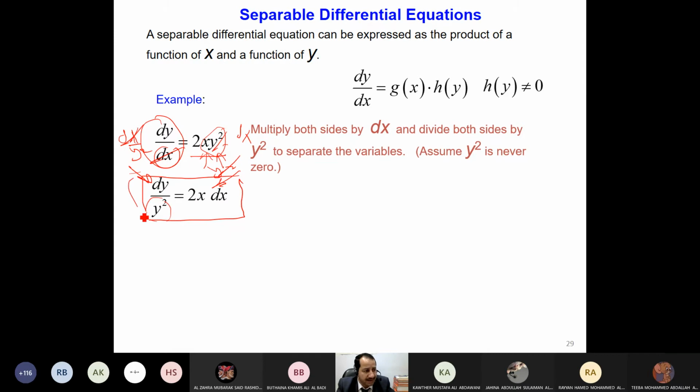Now I can integrate here and here. Definitely I need to take this y squared over there, it will be y to the power minus 2. Now put integration here and here. Integration of x with respect to x will be x to the power 2 over 2. And this one will be y to the power minus 2 plus 1 over minus 2 plus 1.